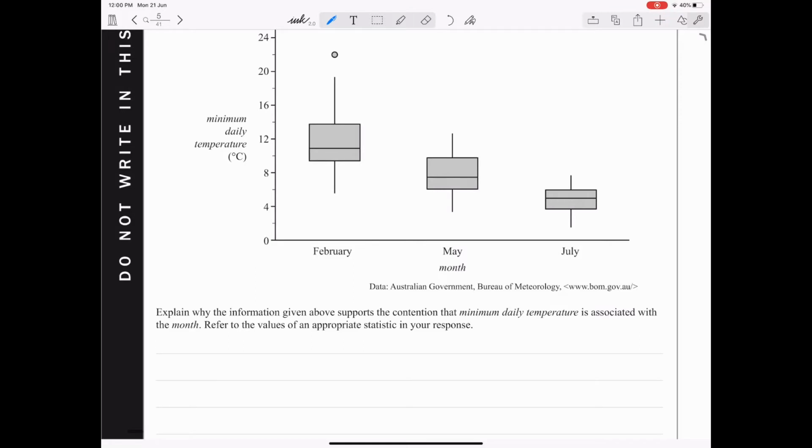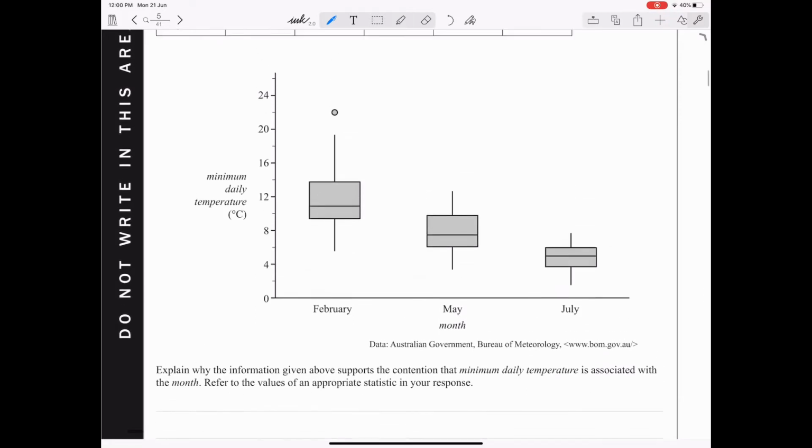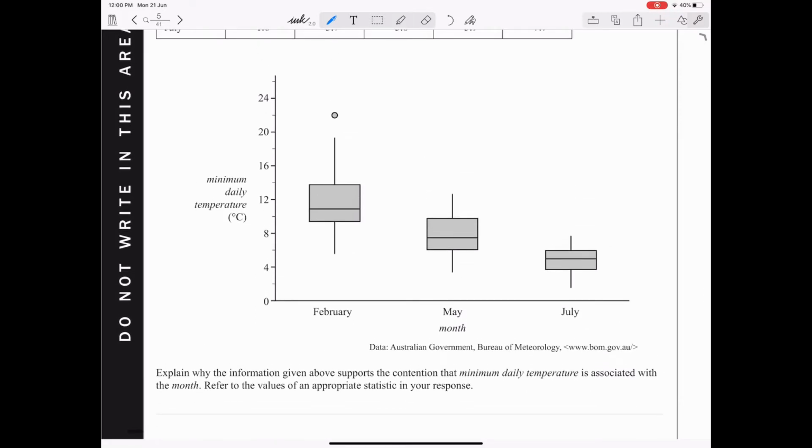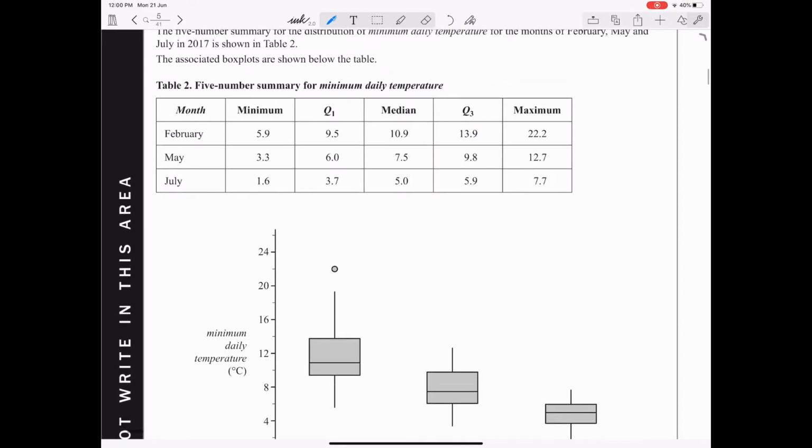So usually I like to refer to the median, and we're trying to determine if there is an association between minimum daily temperature and month. Usually when it says associated, there's usually a difference. So if we're comparing the median, for example, we're trying to look for a difference in the median. So if we go back to the table, we look at the median values for each month.